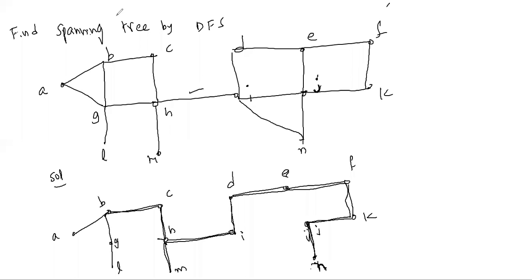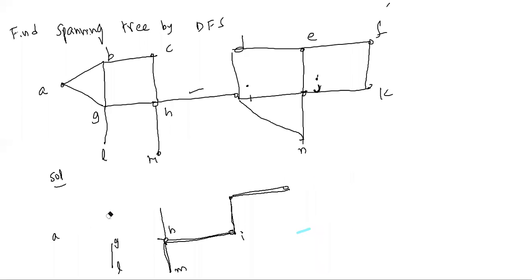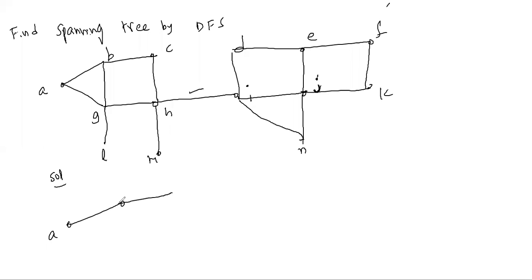Listen here, within 1 minute I will revise this one more time. Listen here, DFS method. This you have to write step by step in your solution. First select A. Okay, A to B, B to C, C to H. Next H to I, I to D, D to E. Until a loop does not form, you have to go like this.